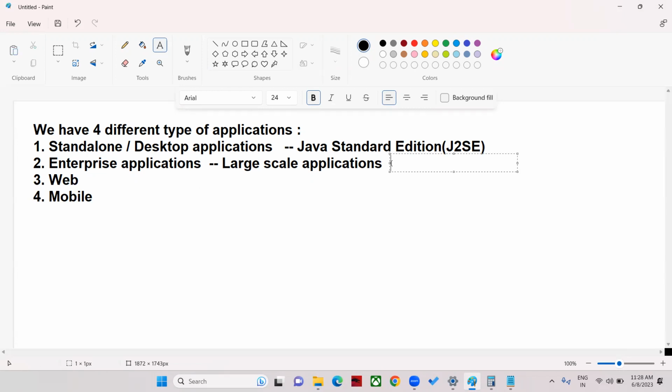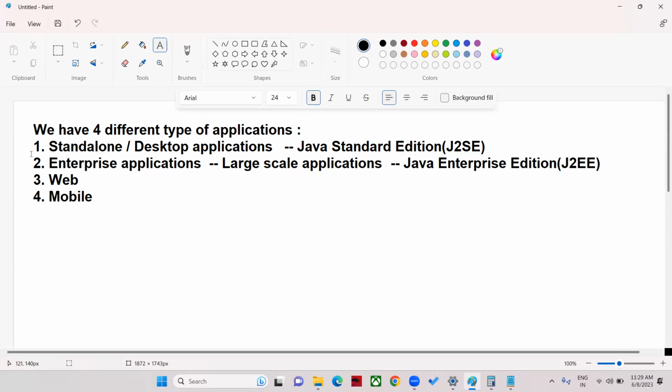If you learn this enterprise edition, J2EE, you can build both enterprise applications as well as web applications with this particular thing. Okay.